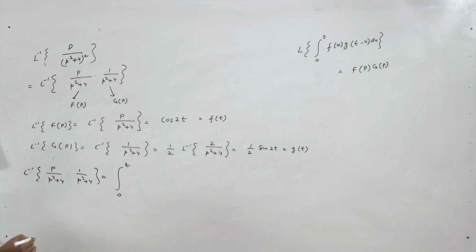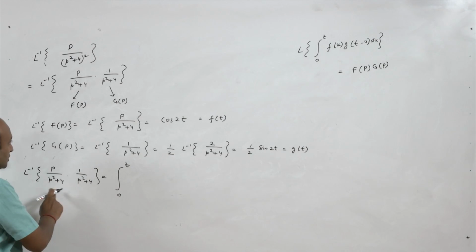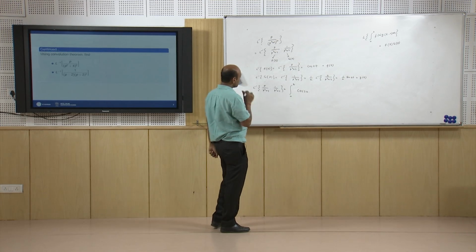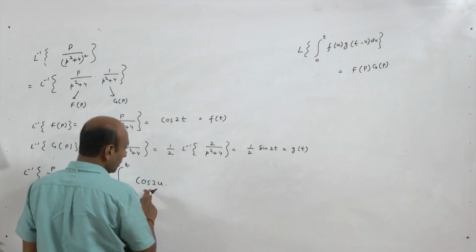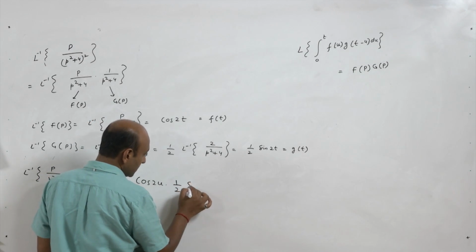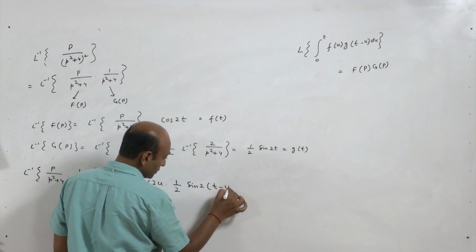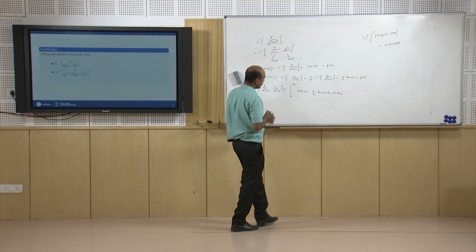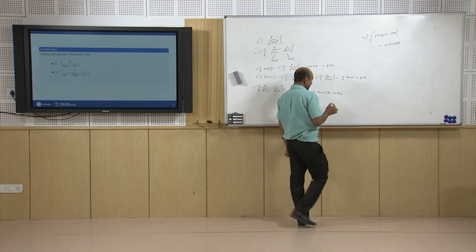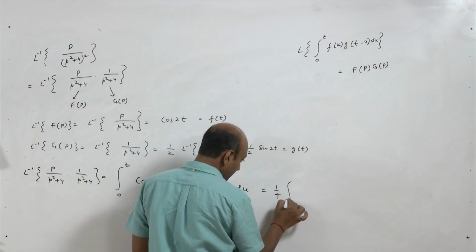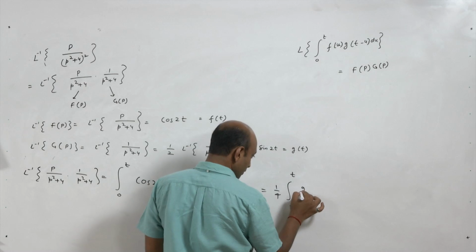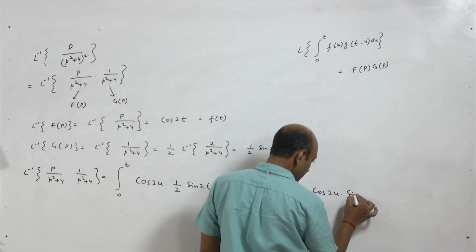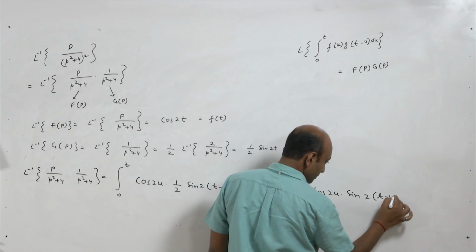Now, what is f(t)? f(t) is the Laplace inverse of this function, which is cos 2t, so cos 2u, into 1 by 2 sin 2(t minus u) du. Okay. Now, in order to simplify this expression, this is nothing but 1 by 4 integral 0 to t, 2 times cos 2u into sin 2(t minus u) du.